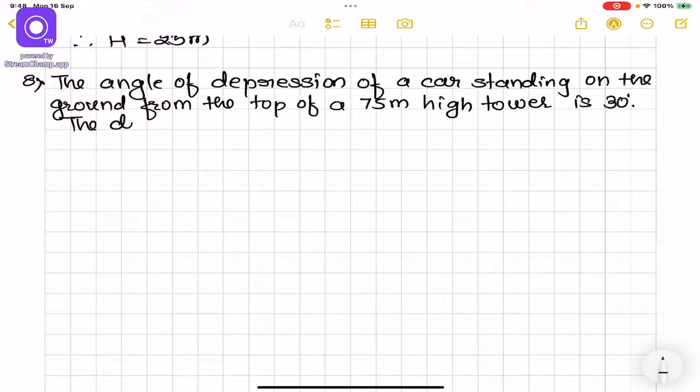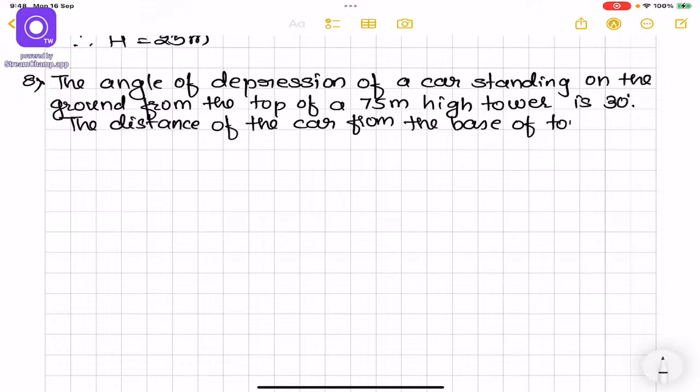The distance of the car from the base of the tower in meter is?